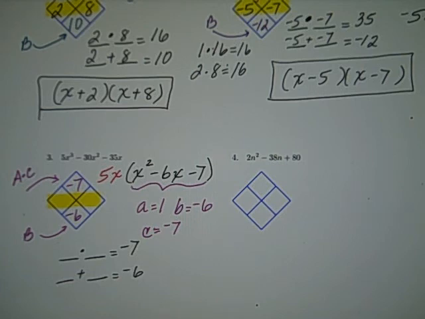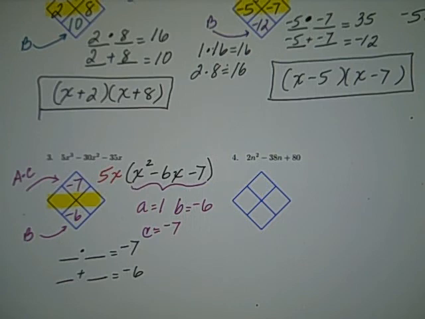The tip here is when the product is negative, one of your factors is positive and one of them is negative. Yet when the sum is negative, the larger factor is negative.